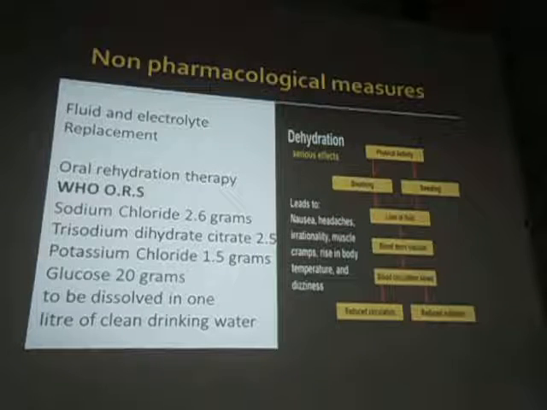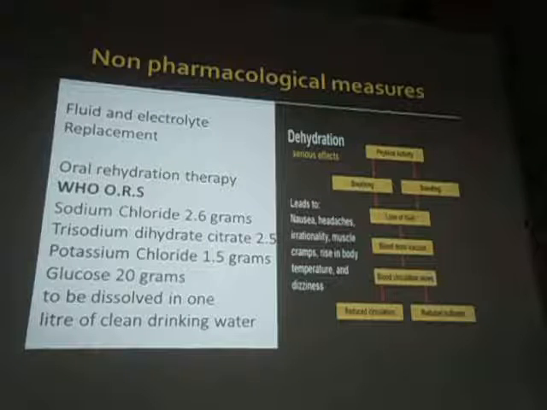So ORS, why has it become famous? One thing is easy to use, easy to prepare, a layman can use it, and what are the side effects associated with it? No side effects. There is one, we will be discussing it later. Okay, so glucose 20 grams is dissolved in 1 liter of clean drinking water.